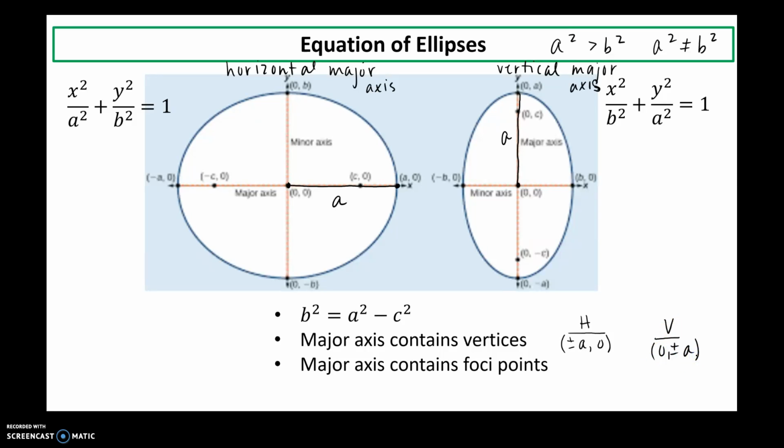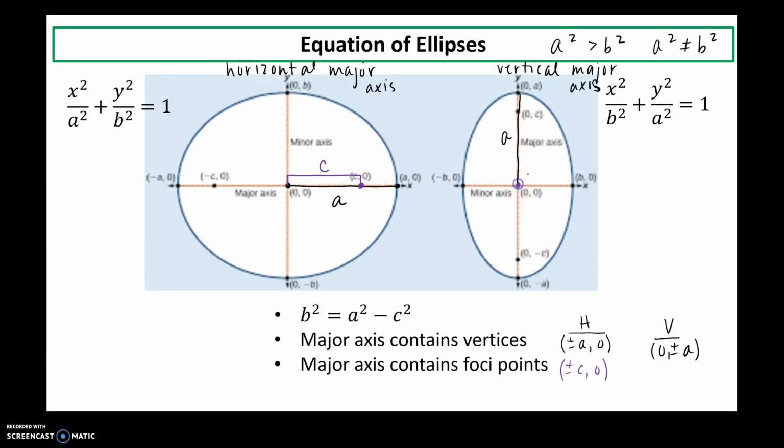The focus, and I'll talk about what the foci actually are on the next slide. So from your center to your focus is your value of c. So if I have a horizontal major axis, then the coordinates of my foci are plus or minus c, comma 0.